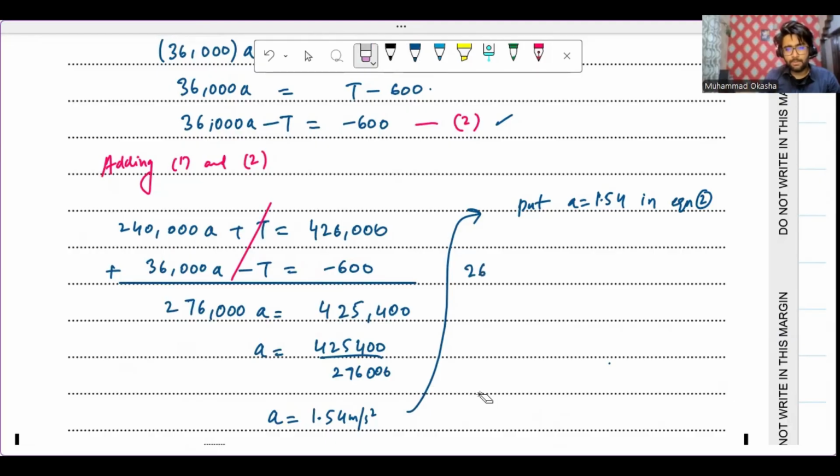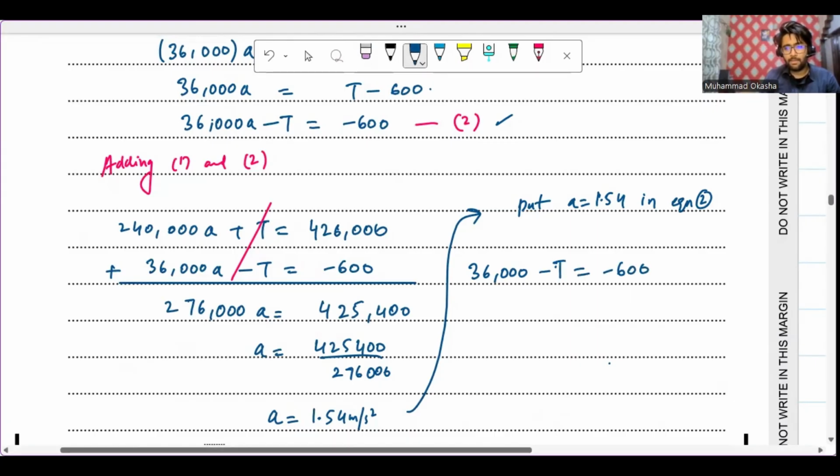Equation 2 is 36,000 A minus T equals negative 600. So instead of A, I'm going to put 1.54, minus T equals negative 600.